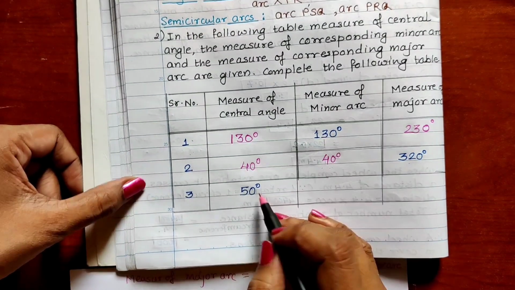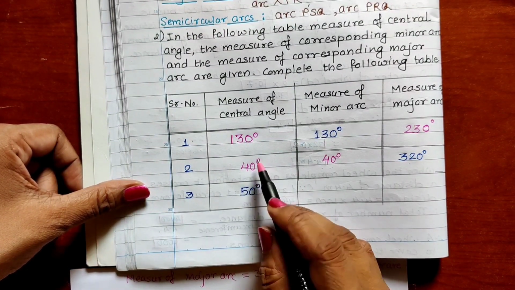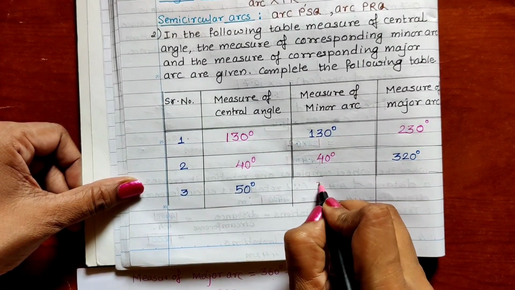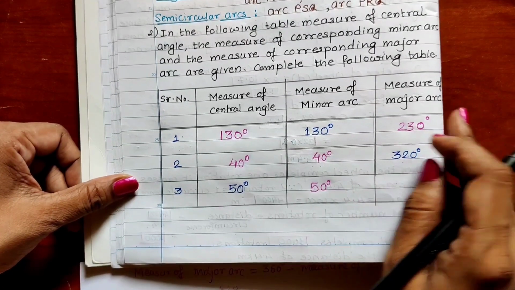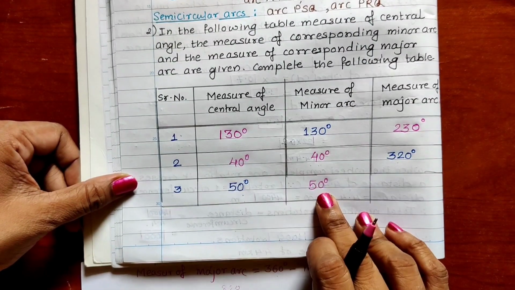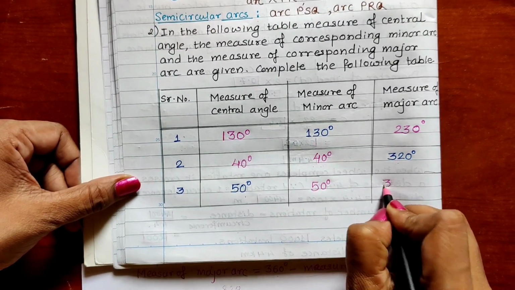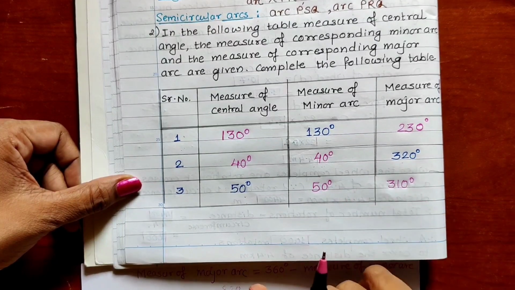Okay. Now the measure of the central angle is 50 in the third sum. If the central angle is 50, what will be the measure of its corresponding minor arc? It will also be 50 degrees. If it is 50 degrees, what will be the measure of the major arc? We have to subtract 50 from 360. What will be the answer? 310. 360 minus 50, the answer is 310.